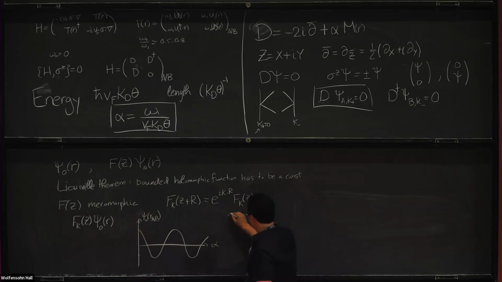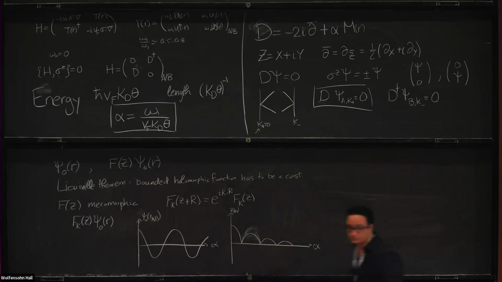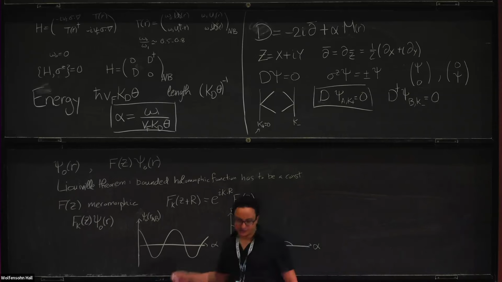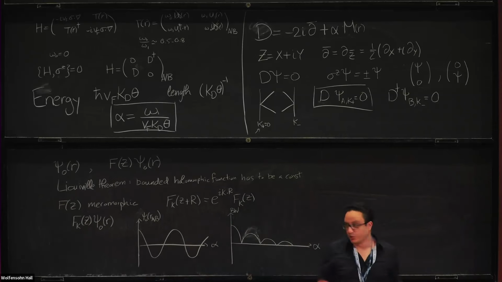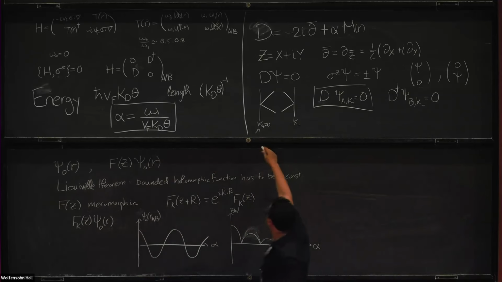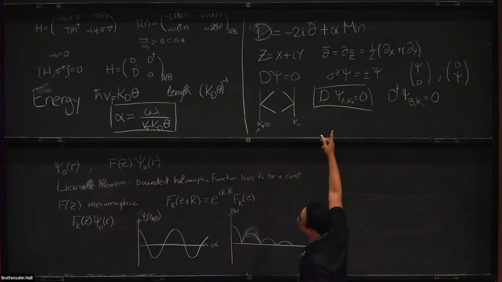And this would correspond to the total bandwidth of the band going down as a function of alpha. And so the sequence of magic angles, you can just find them by numerically solving this Dirac equation at the Dirac point with the particular potential, and get a certain sequence.